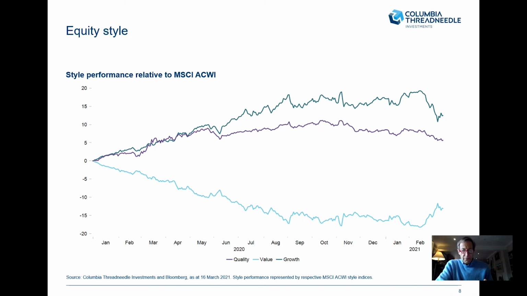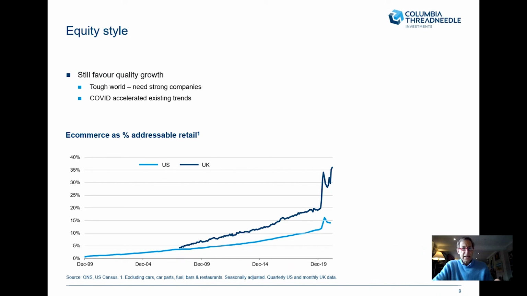Now, our view from here, if we look at the next slide, is that you should, broadly speaking, stick with quality and growth, and that is where we are. The reasons for that are, firstly, it is still a tough world, without doubt, so you do need good, strong companies.